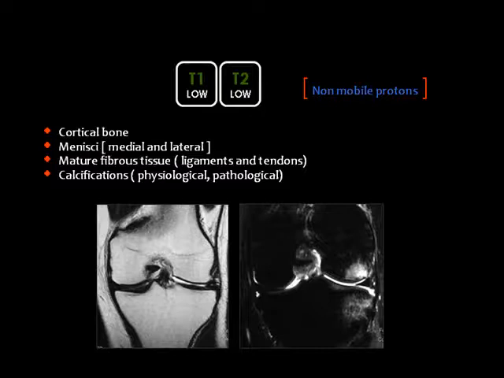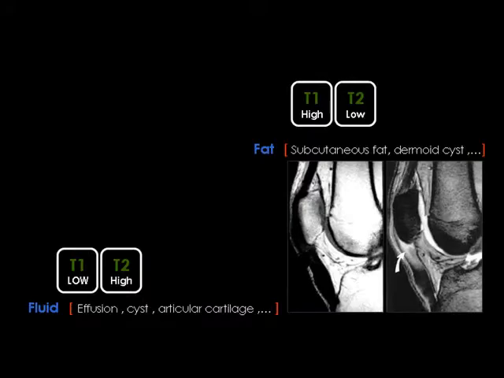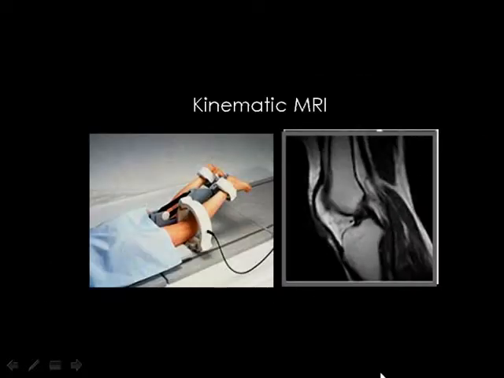Any fluid in the human body will appear black in the T1 and bright in the T2. What is the opposite of the fluid? It is the fat. Examples of the fat in the human body: the fat in the bone marrow, the fat in the subcutaneous area, the fat below the patella. All this fat will appear bright in the T1 and less bright in the T2 image. Okay.